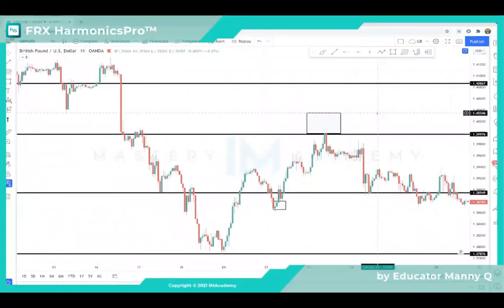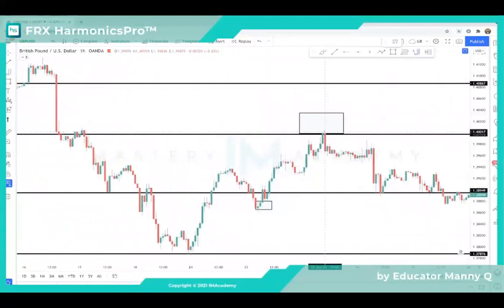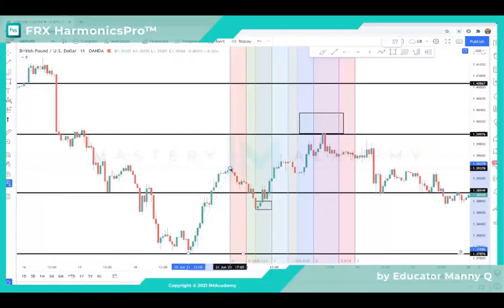Well, this is what we now use the time-based fib for, to find the extension. So remember, to find the retracement, you simply do the swing, boom and boom. You find the swing.